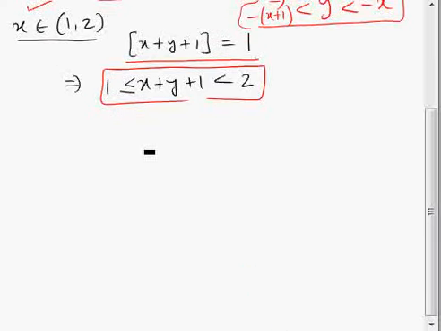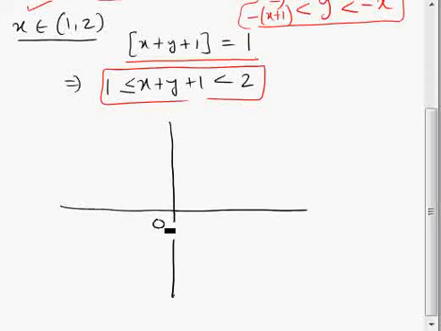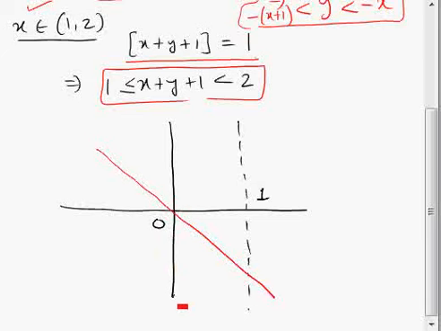So for x between 0 and 1, y lies between the minus x line and minus of x plus 1.